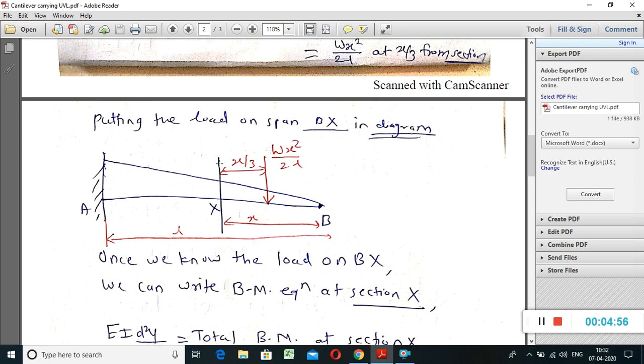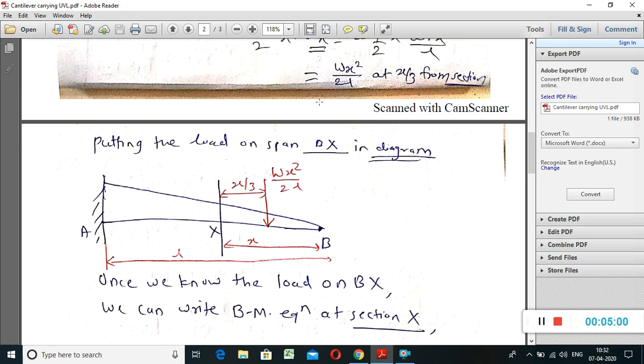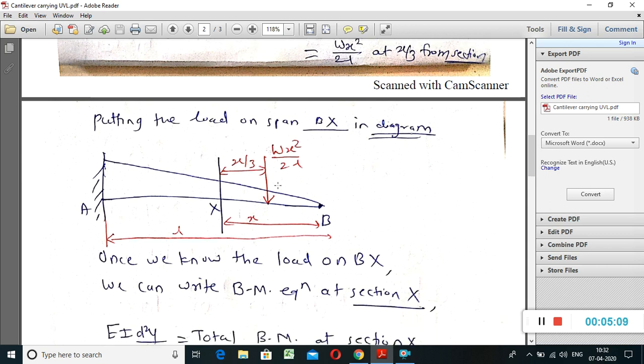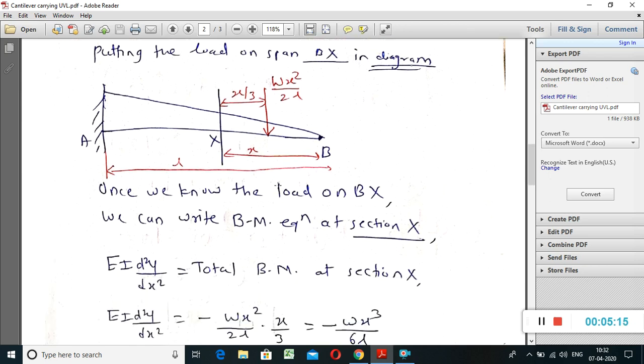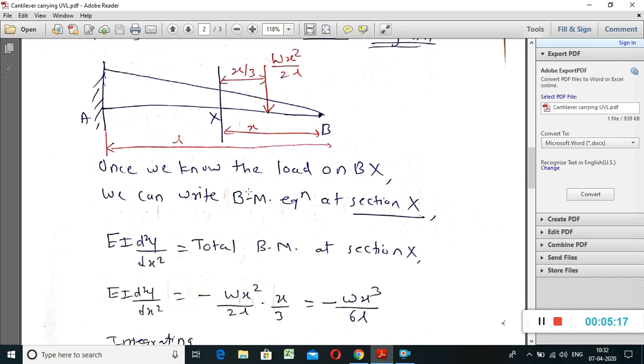On the right part, I have shown the calculated load Wx square by 2L at x by 3, that is at the centroid from the section. This load is important because to find the bending moment equation, we need the load on the right part. Once we know the load on Bx, we can write the bending moment equation on this right part.